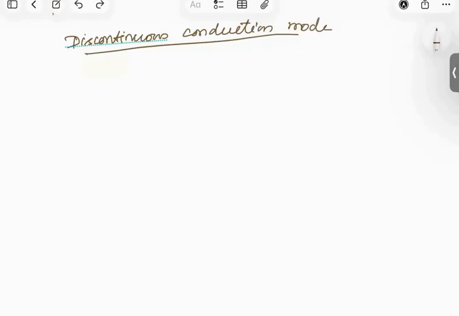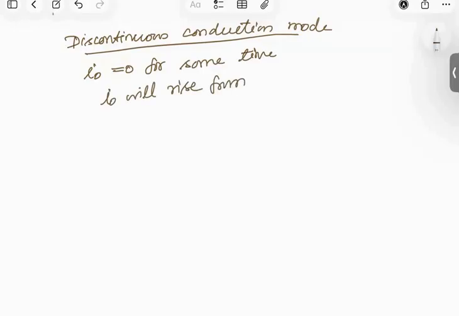At the time of triggering from alpha, the current I0 will rise from 0 at alpha and it reaches 0 at an angle beta, which is called the extinction angle.